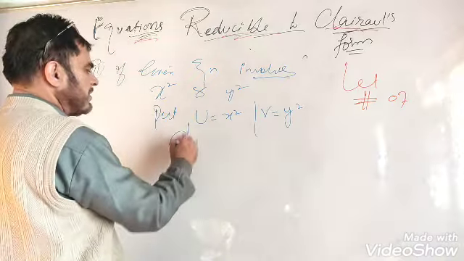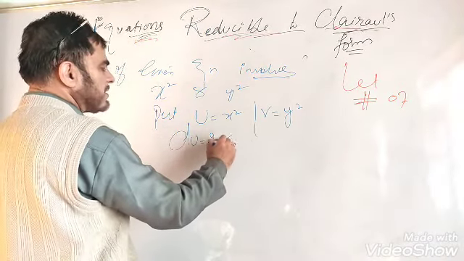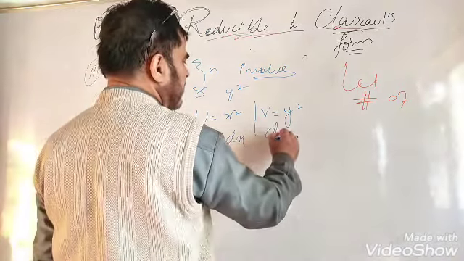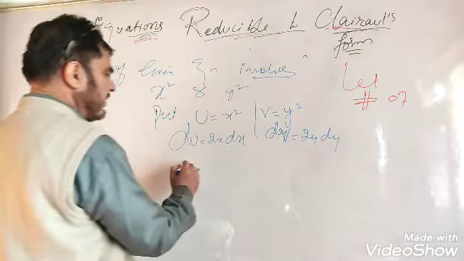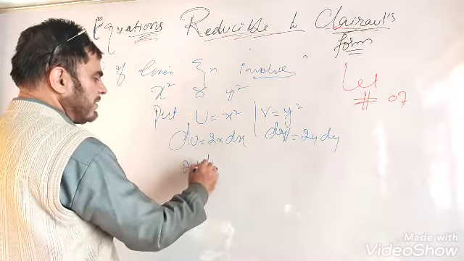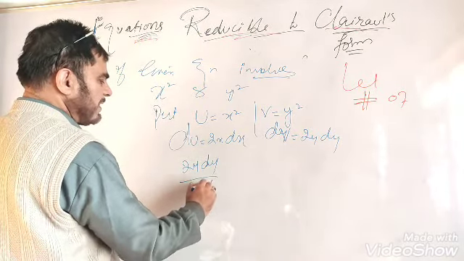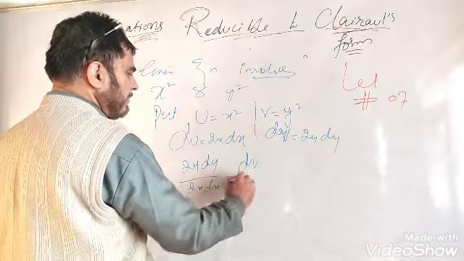Here we write du is 2x dx. Here you write dv is 2y dy, so that you can get 2y dy by 2x dx is dv by du.